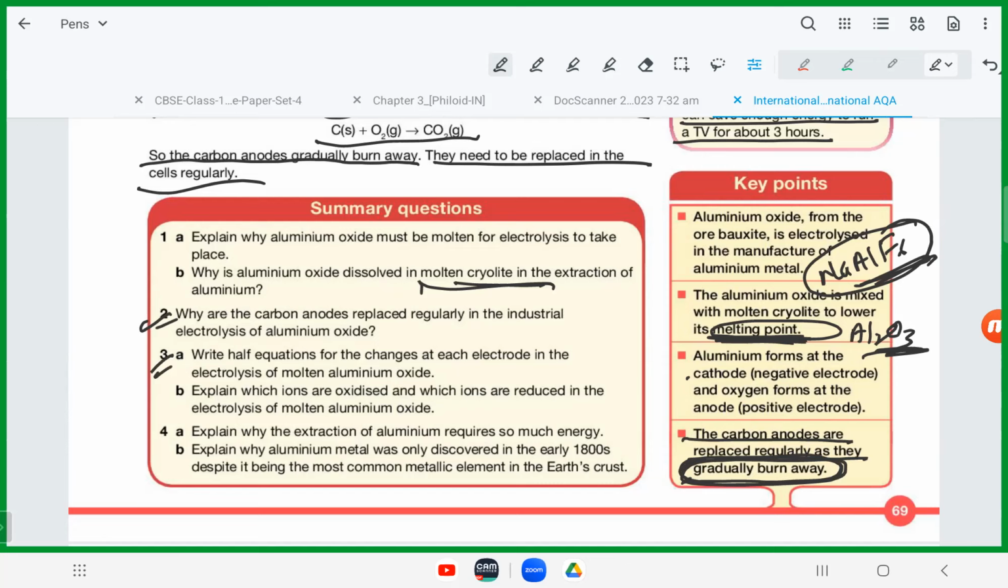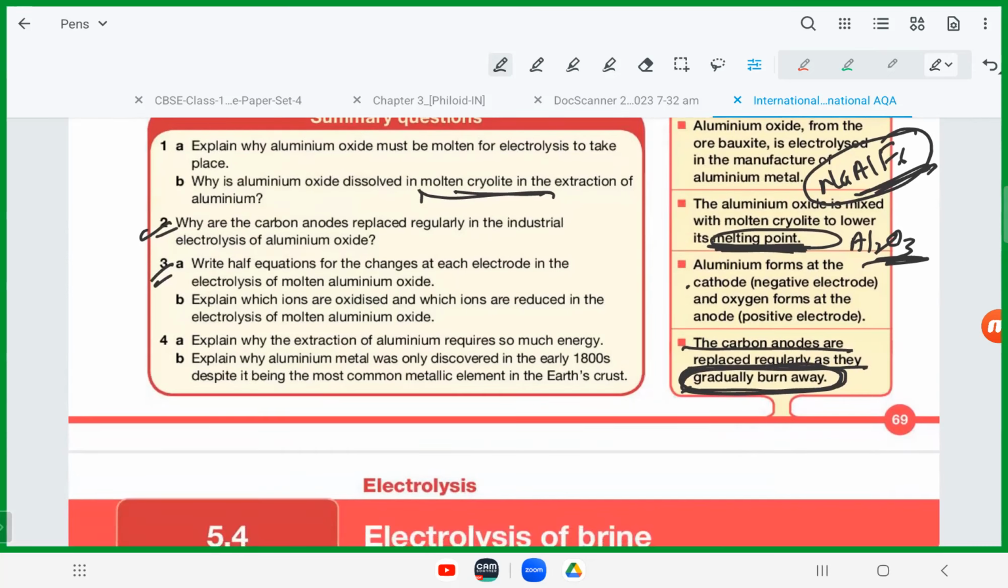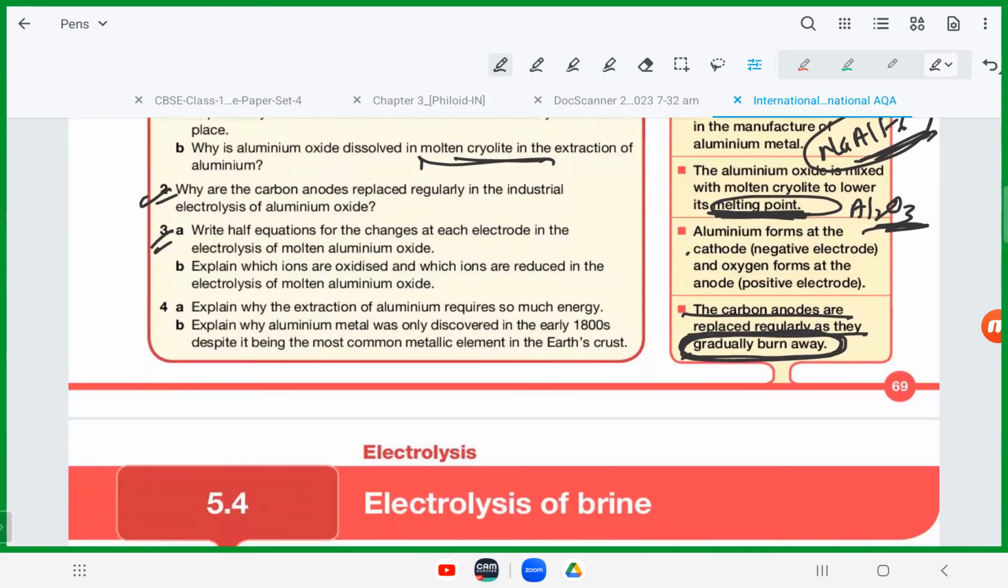Can you write this one? Try to write. Al2O3. Can you write on the screen? Is it possible? No. Not possible.